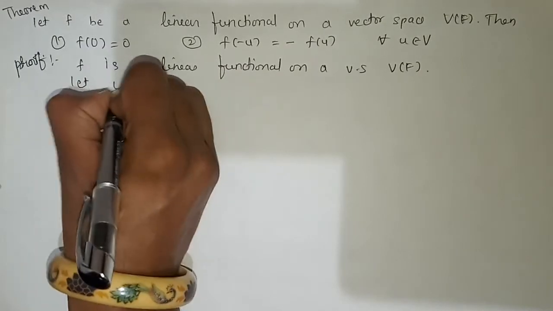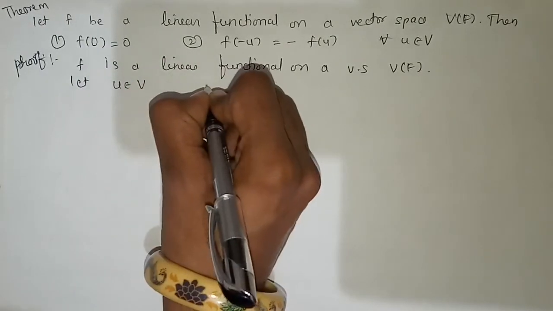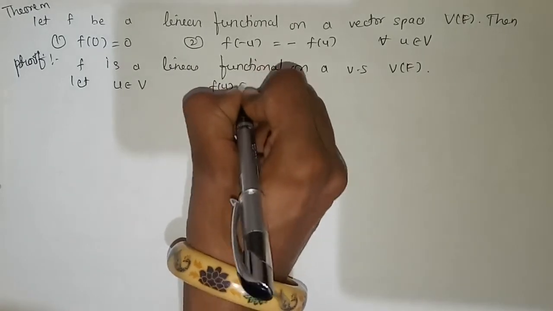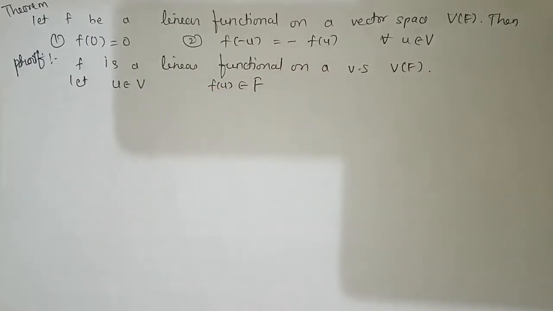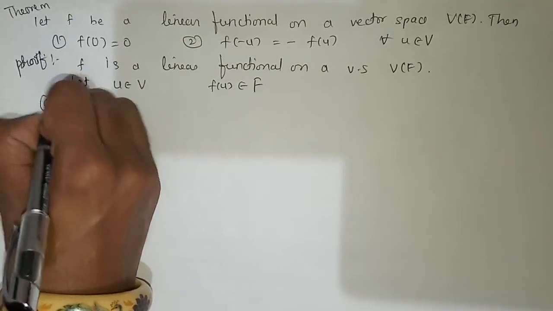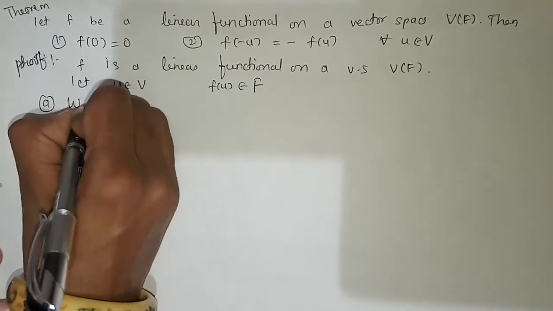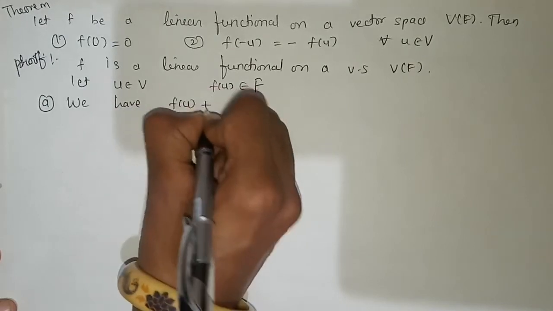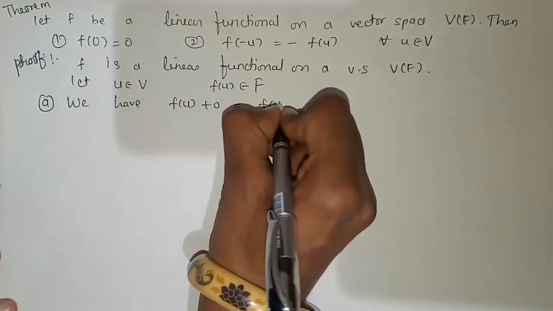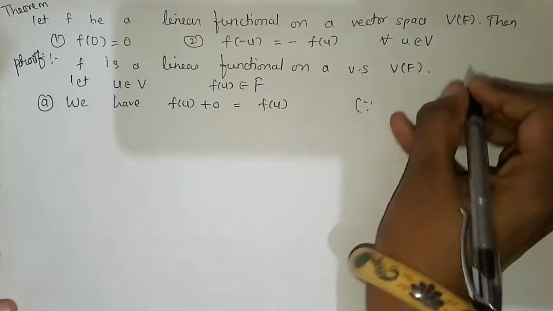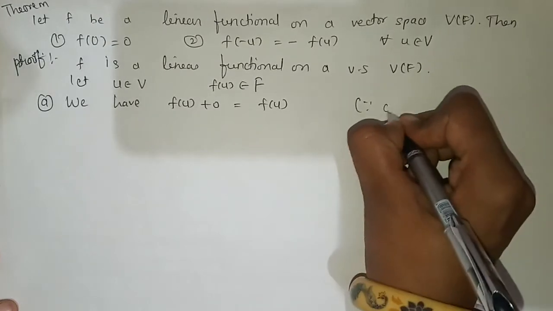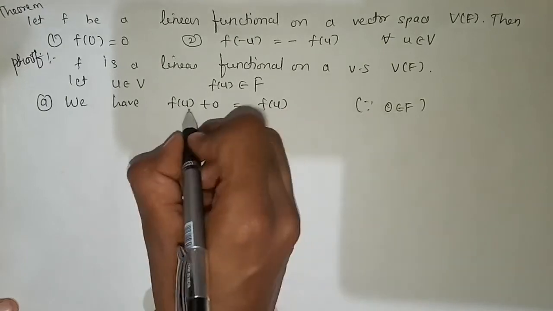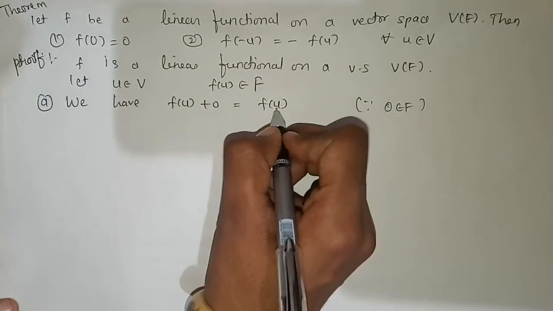Let u belong to V. Then obviously f(u) belongs to the field F. Now for the first part, we have f(u plus 0) is nothing but f(u). Since we know that F is a field and every field contains the 0 element, f(u plus 0) is always f(u).